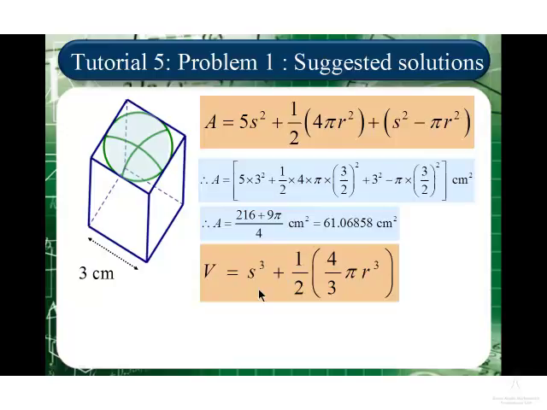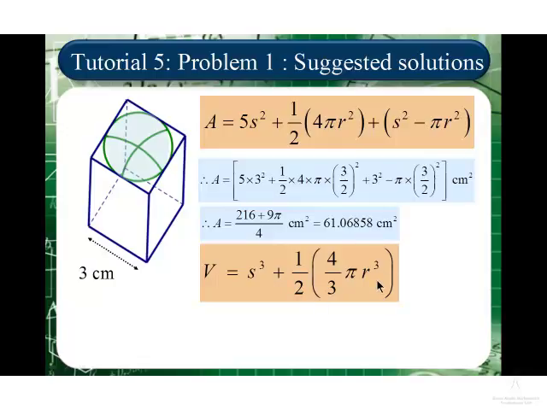To find the volume, secondly, of this particular combined solid, we have the volume of the cube, it's part of the total volume, s to the power 3 if the side length is s, and then of course we need to find the volume for the hemisphere, which is half times the volume of a sphere with radius r.